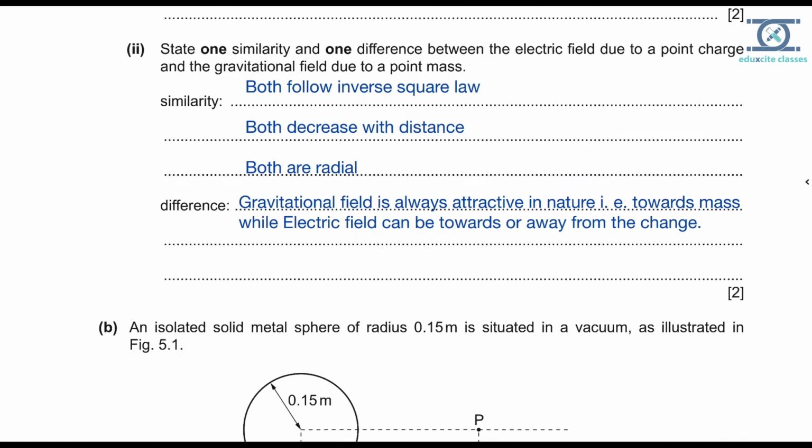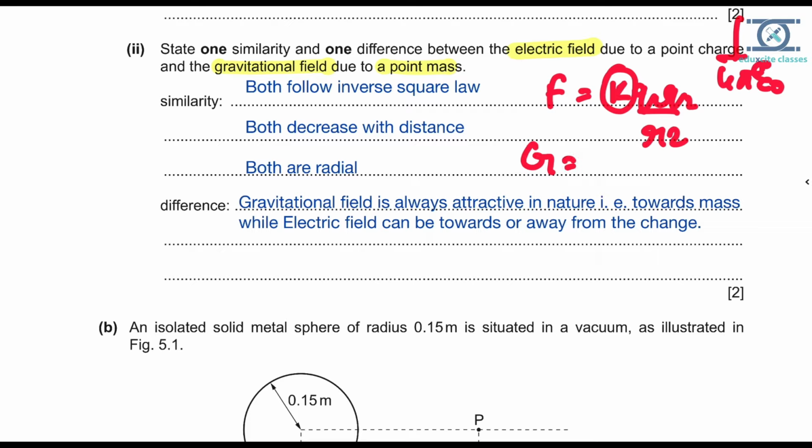Now state one similarity and one difference between electric field due to a point charge and gravitational field due to a point mass. So what is the similarity? They both follow the inverse square law. The formula for the force is K Q1 Q2 upon R square, where K is 1 upon 4 pi epsilon naught, and for gravitational it is G m1 m2 upon R square.